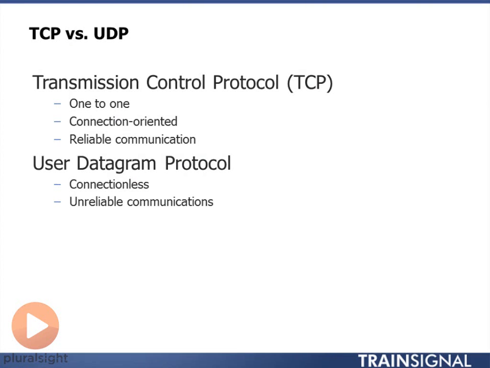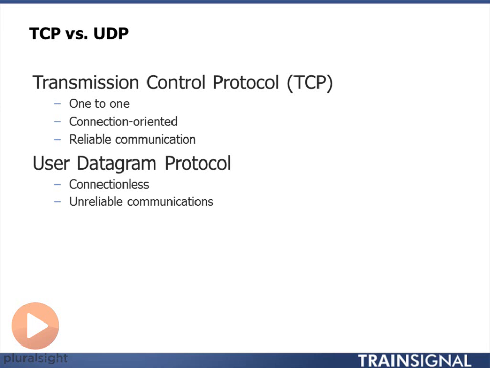First of all, TCP stands for the Transmission Control Protocol, whereas UDP stands for User Datagram Protocol. I'm not overly concerned with you remembering those words. What I need you to understand is what they mean. TCP is a one-to-one type of transmission where you have one computer communicating directly with another computer.